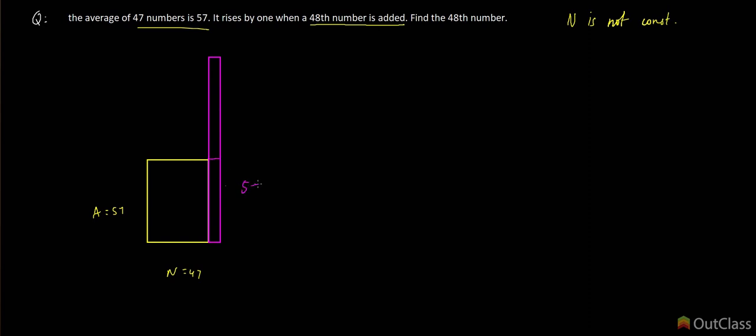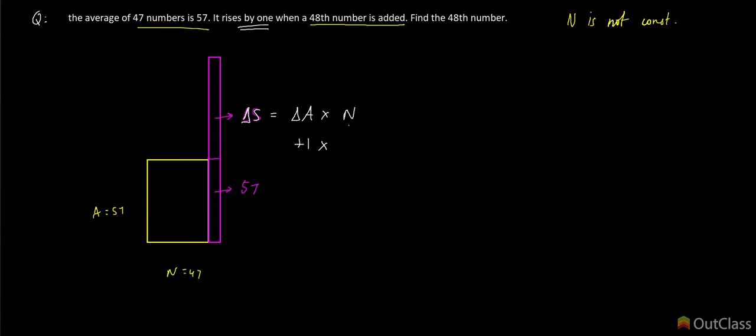It brings in a 57 to hold the average, and it brings in something extra to raise the average, and that is the delta S here. So this delta S is equal to delta A into N. And what is the change in average? The average rises by 1, so that's a plus 1.